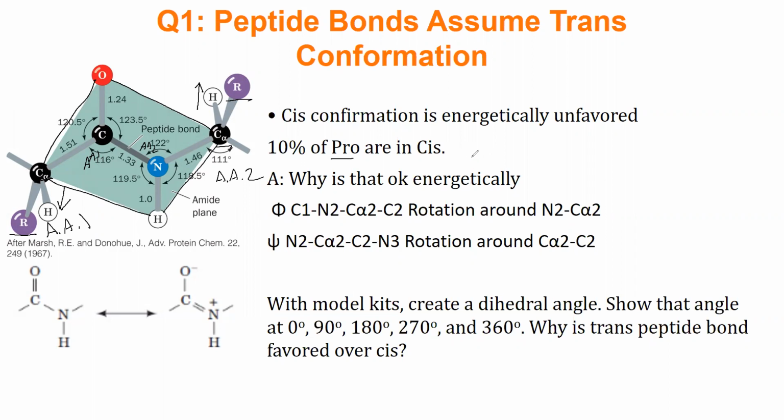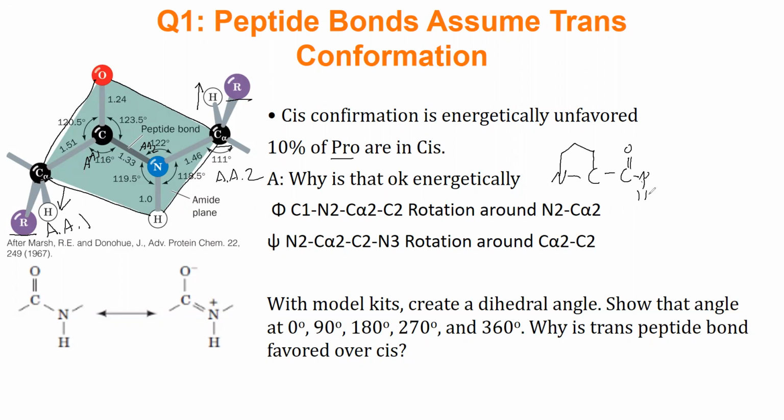And that is because proline is special. Why can proline be in cis? Well, if you remember your proline structure, proline actually comes back and goes behind to bind on its own amine group.